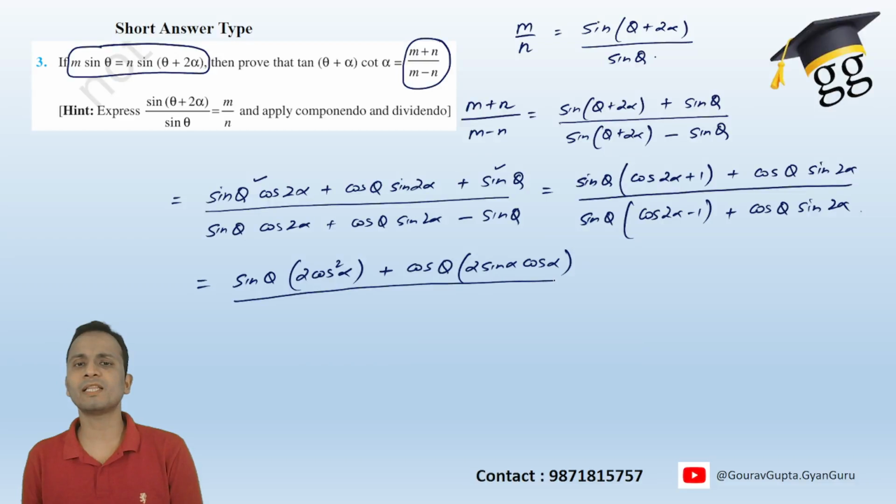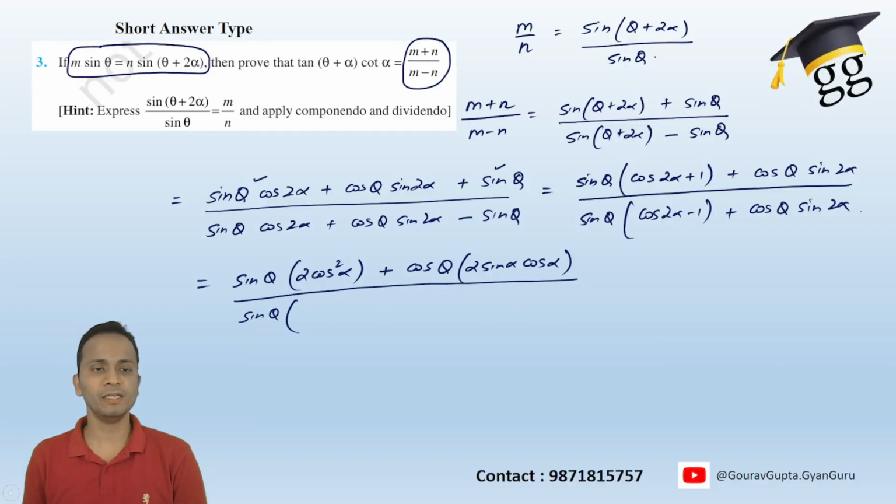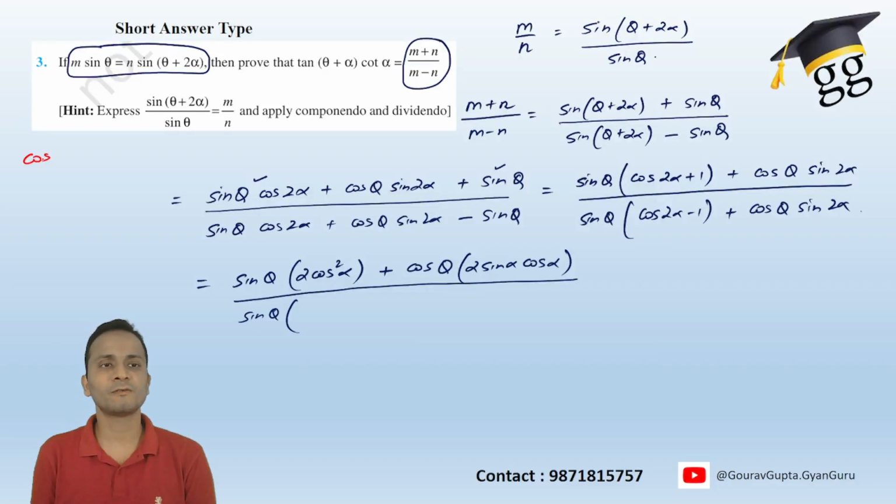Now do the similar thing in the denominator. Here after sine theta in the denominator we have cos 2 alpha minus 1. Now I'll write it separately with a red pen. Cos 2 alpha is equal to 1 minus 2 sine square alpha.